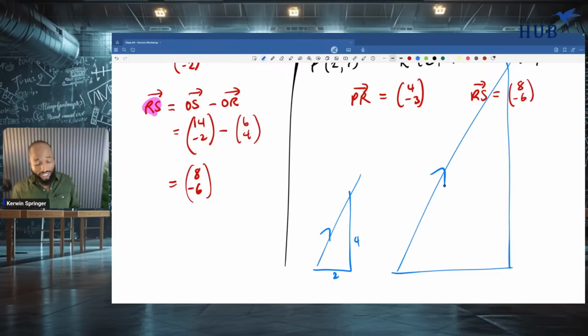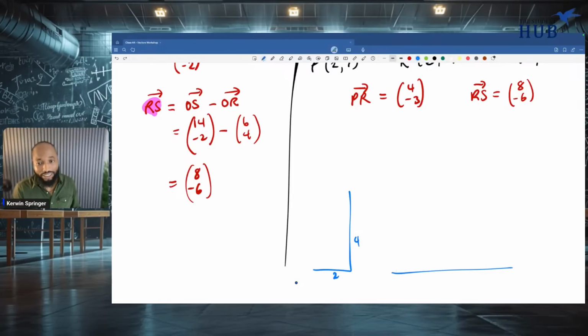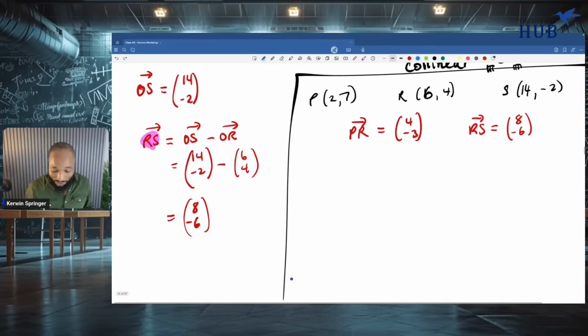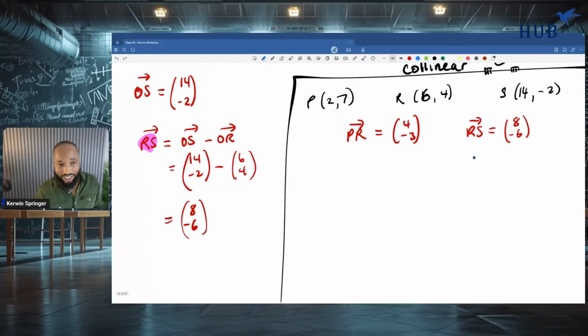Do you understand what I'm saying? Because it's the same ratio, which is where the whole scalar factor thing comes from. Hopefully somebody is getting a eureka moment across the Caribbean here. So this is what makes these things parallel.